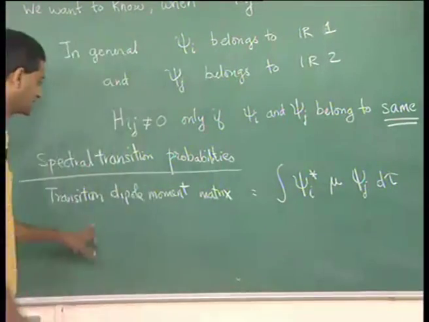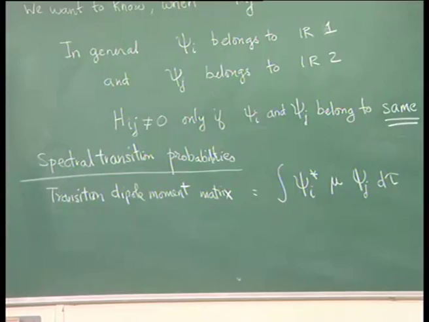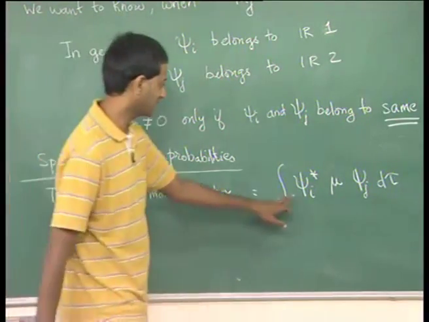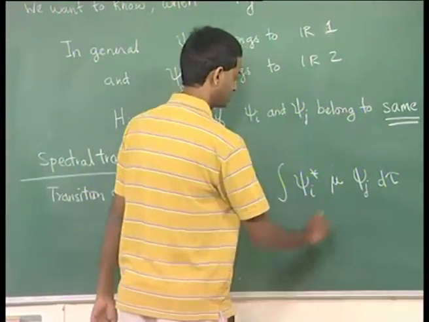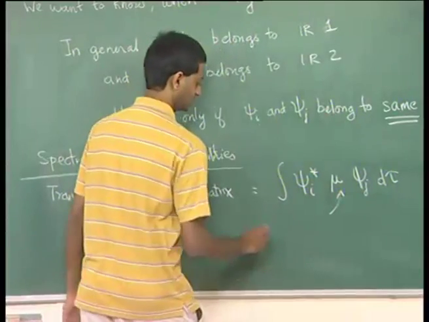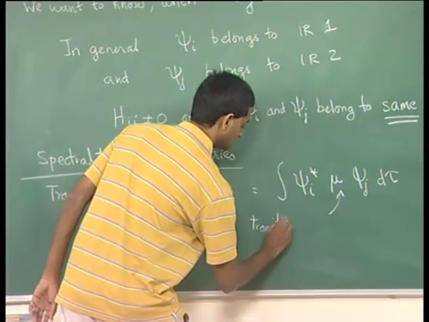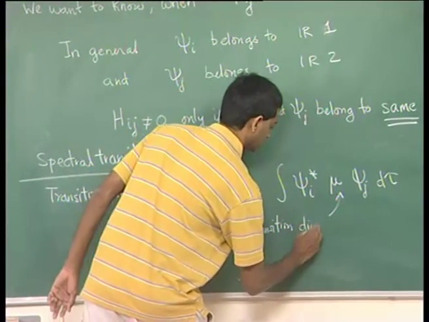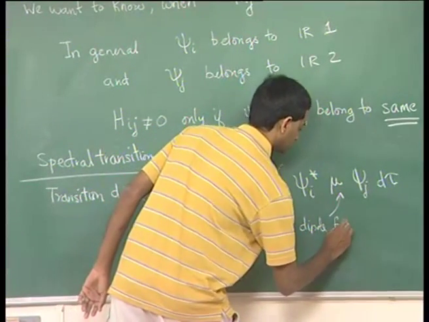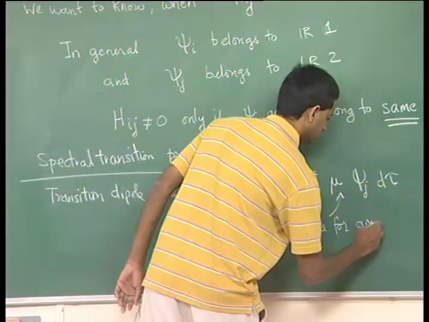So the ijth matrix element of this transition dipole moment matrix is given by the integral of psi i star mu psi j, where mu is a transition dipole for the appropriate transition.